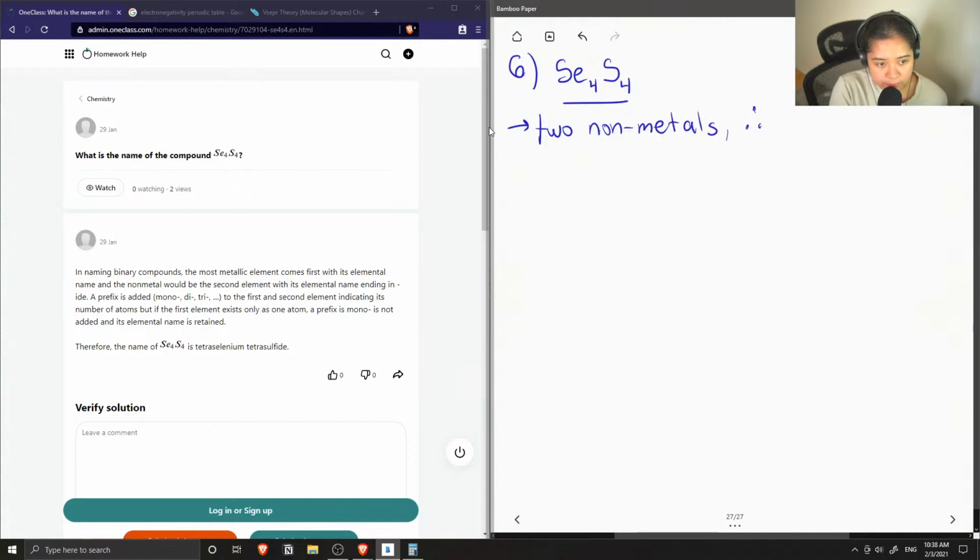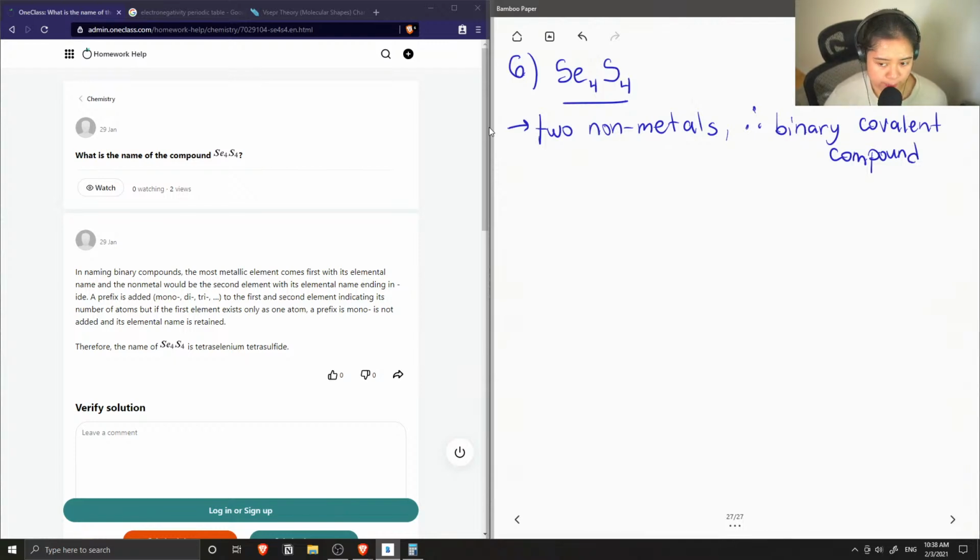So therefore, we have a binary covalent compound. The reason why we want to find out the type of compound we have is because depending on whether it's an ionic compound or covalent compound, they're going to follow a different set of rules in naming them.